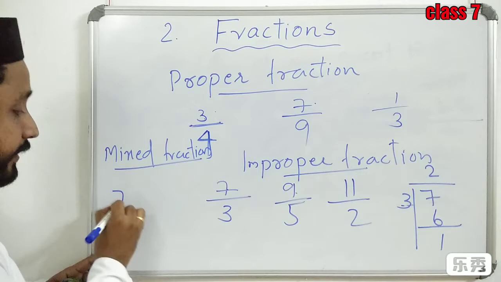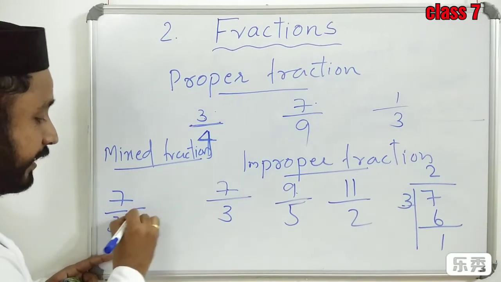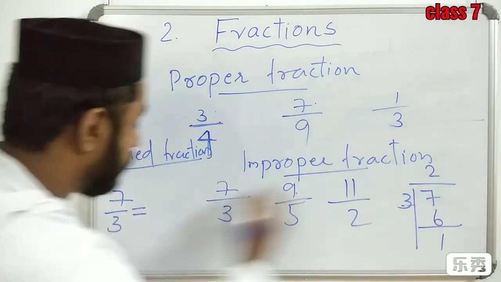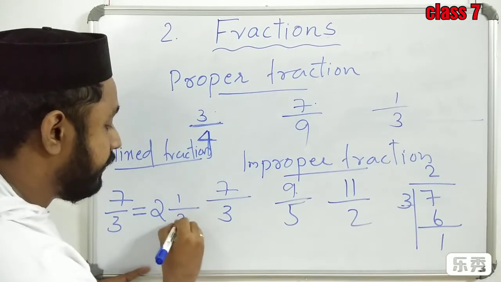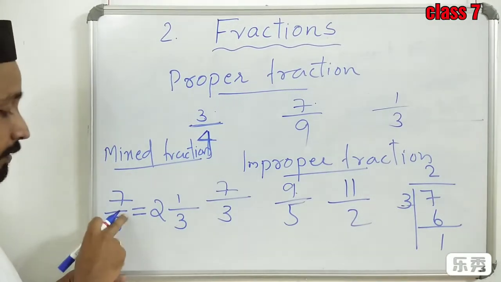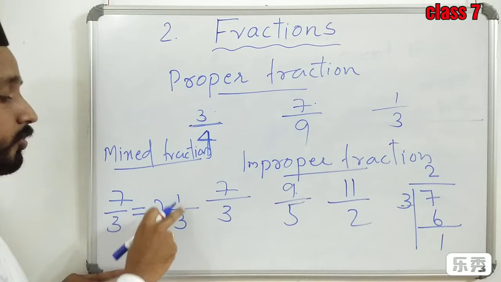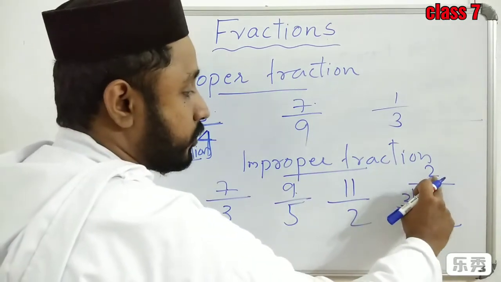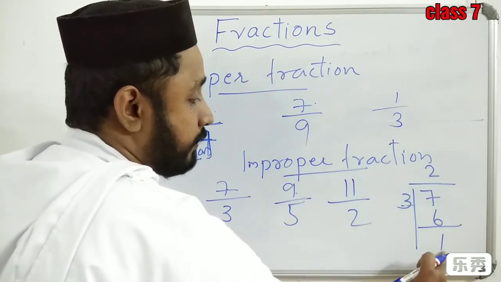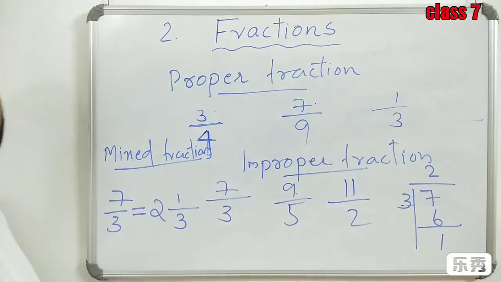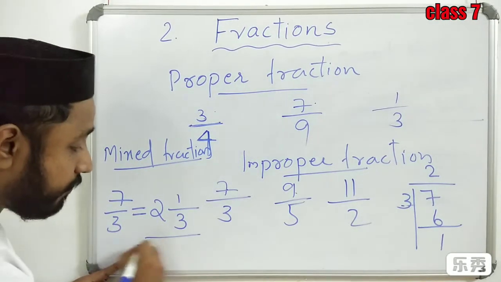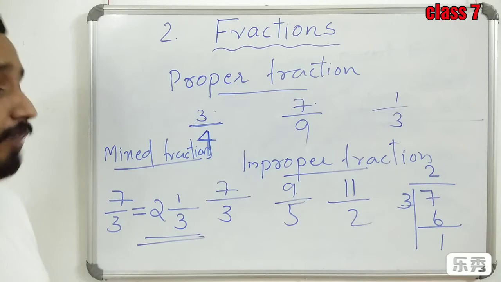So 7 by 3 can be written as 2, 1 by 3. 2 is the quotient, 1 is the remainder, 3 is the divisor. So 7 by 3 is equal to 2, 1 by 3. This form of fraction is called a mixed fraction.